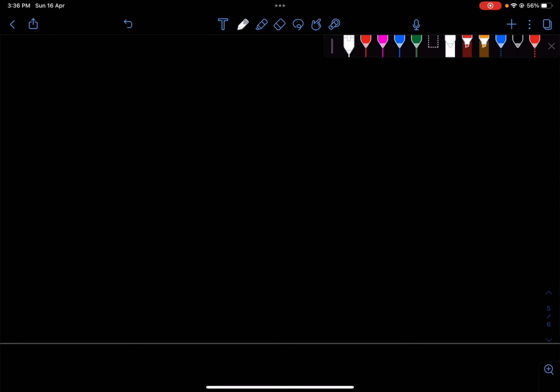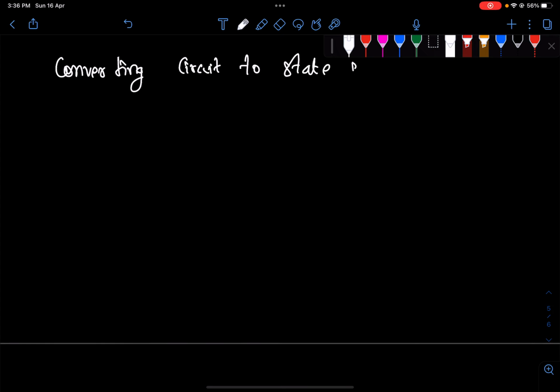Now we are going to the state space. That is where we start from. And the next thing I am going to focus on is converting a circuit to state space.